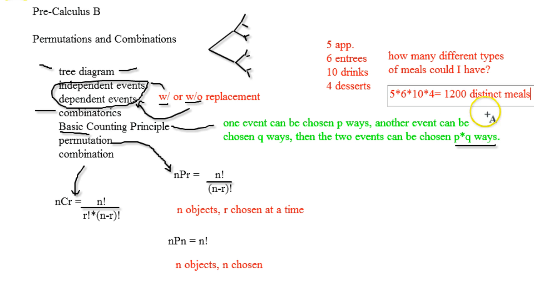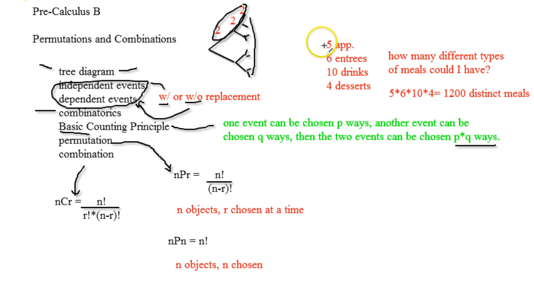Now, why does the fundamental counting principle work? Well, going back to the tree diagram, it actually explains it perfectly. If you notice earlier, I said that there were 8 distinct paths. Well, guess what 2 times 2 times 2 is? 8.